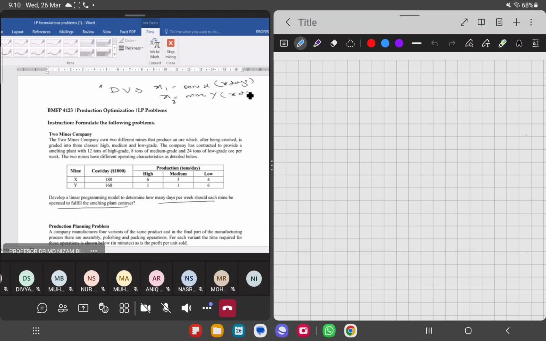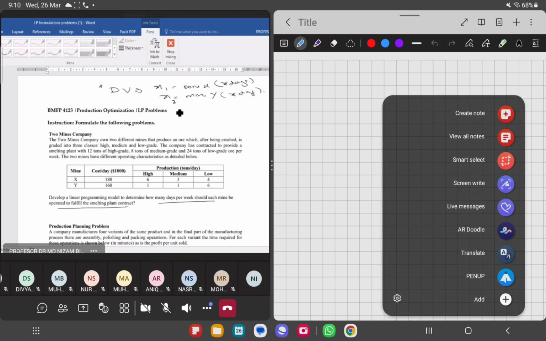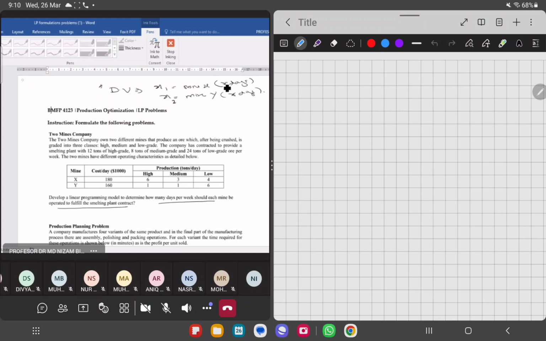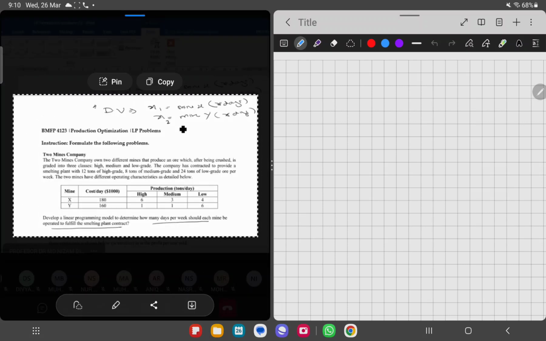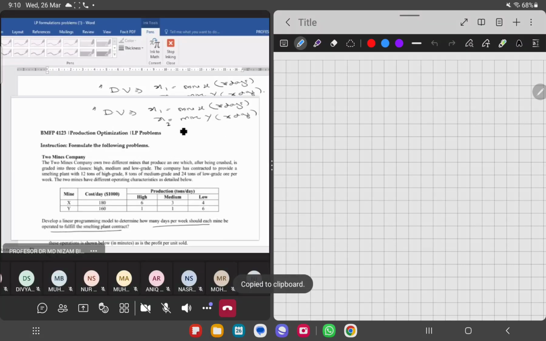If the solution is x1 equals 2, then mine X should operate 2 days a week.